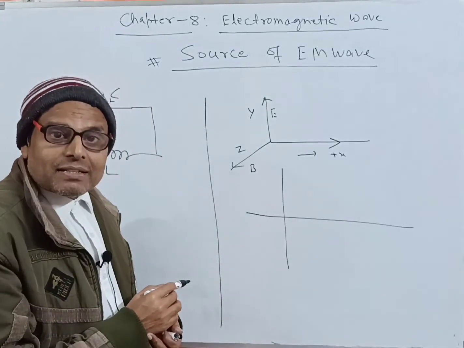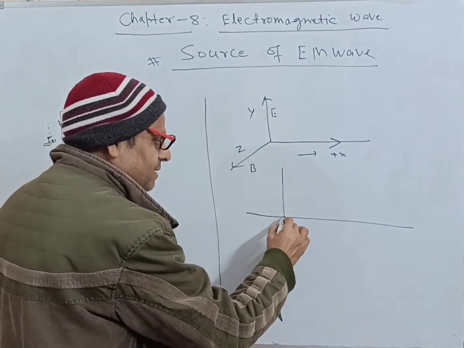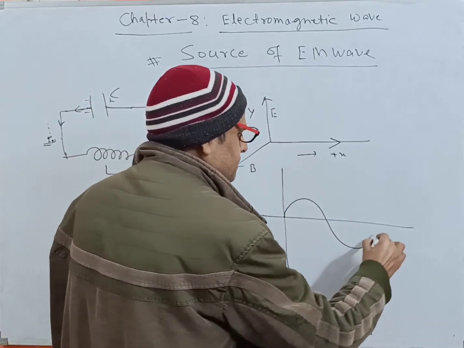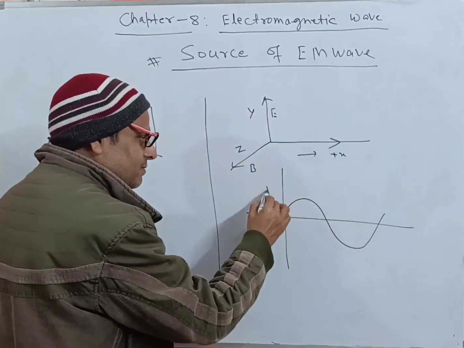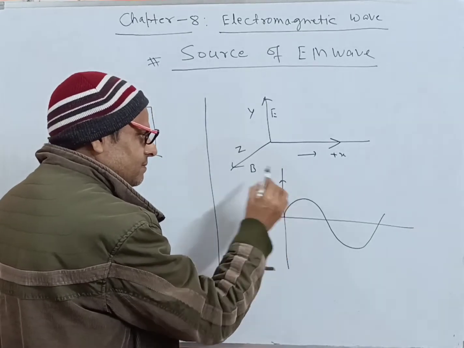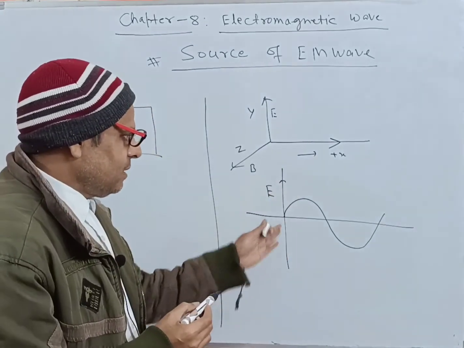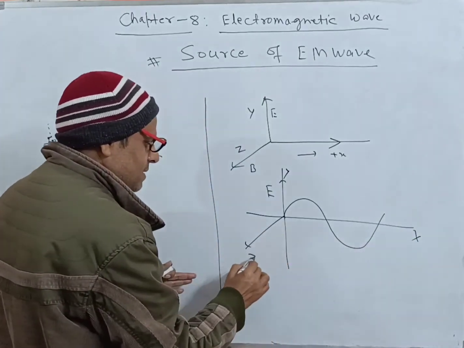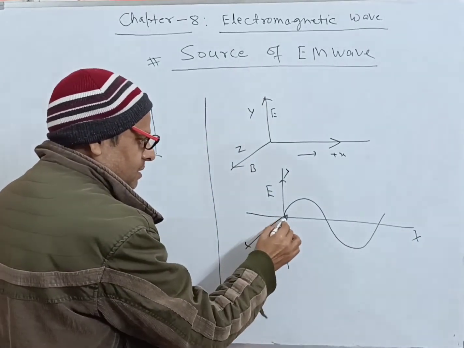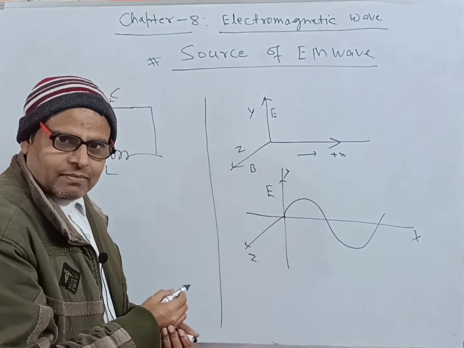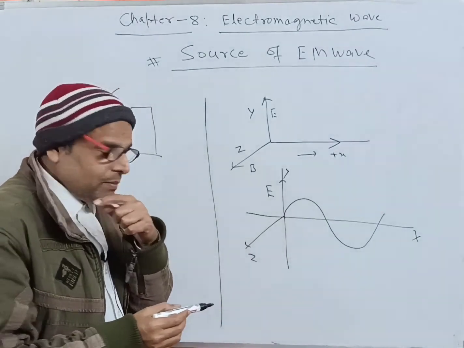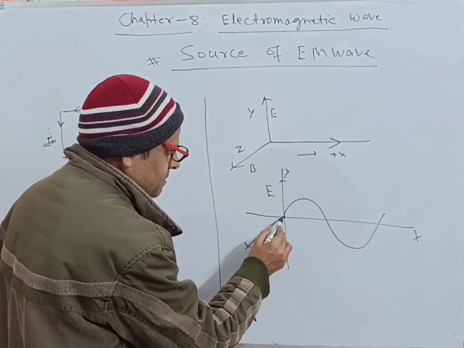If we take electric field, the graph of electric field will be like that. Suppose it vibrates along y direction, and along z direction the magnetic field, because electric field produces magnetic field, but it will be perpendicular.